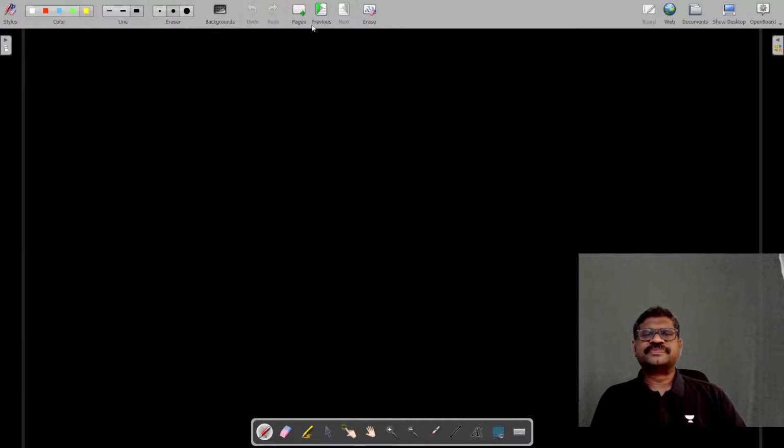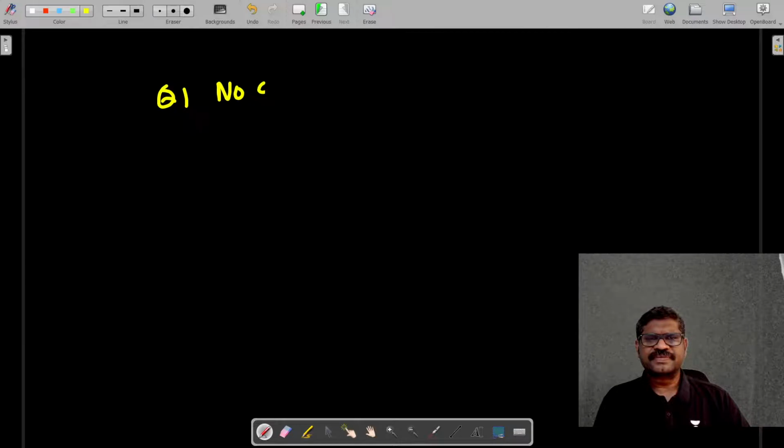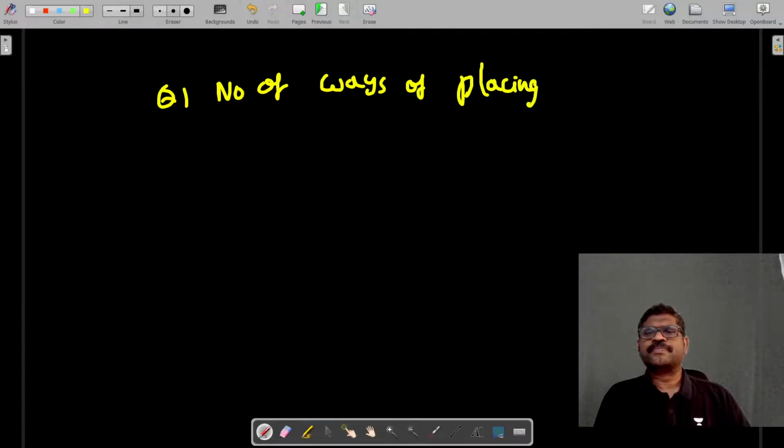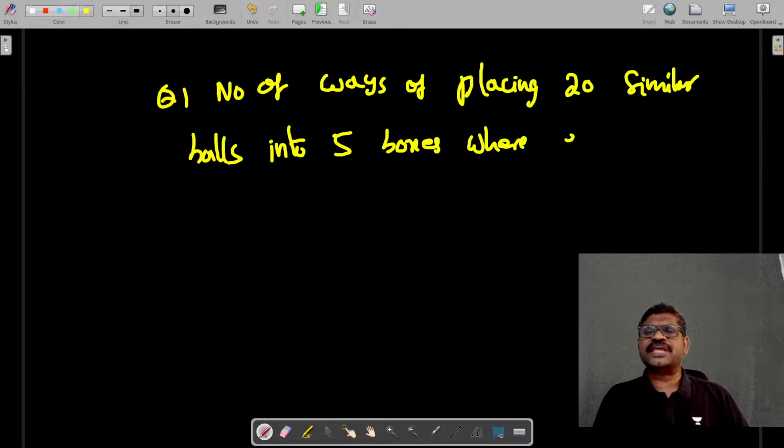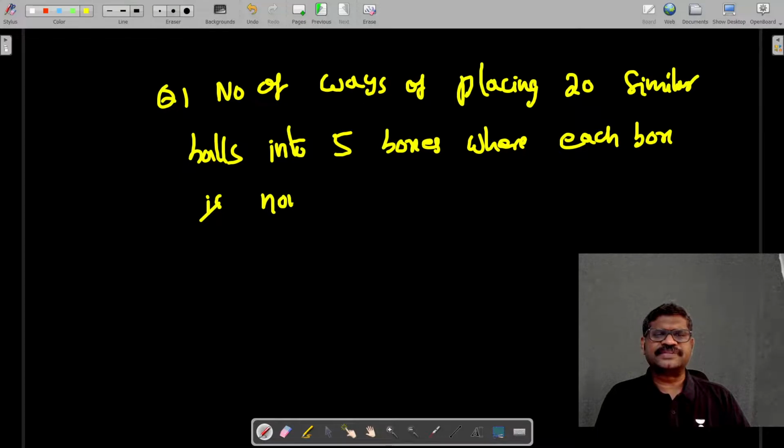Next problem. The number of ways of placing 20 similar balls into 5 boxes, where each box is non-empty.